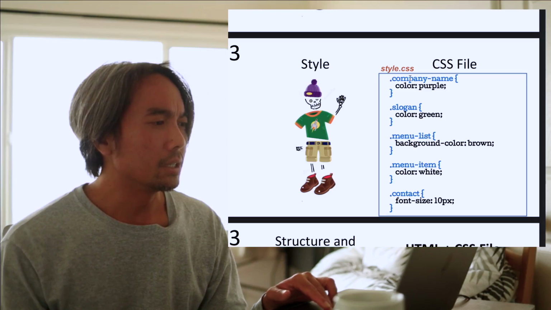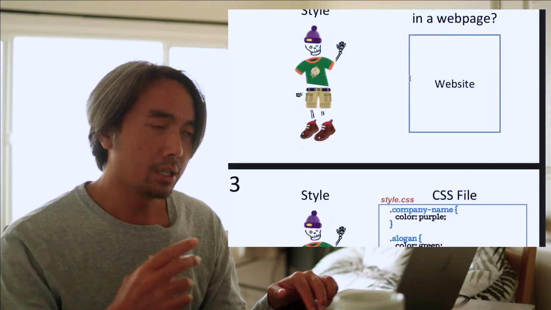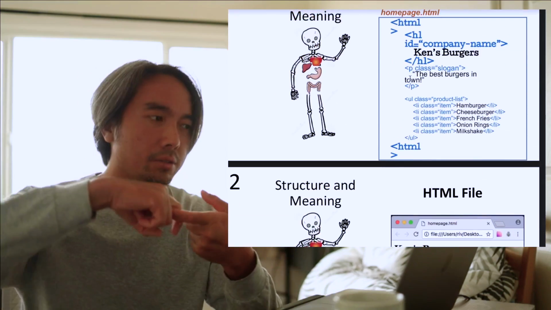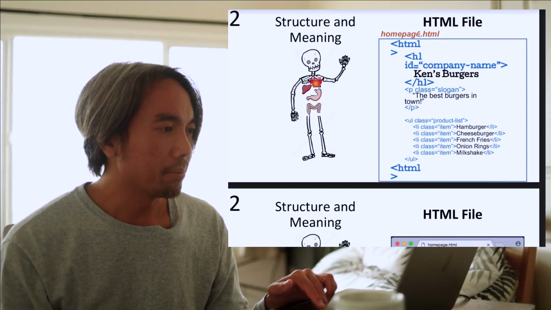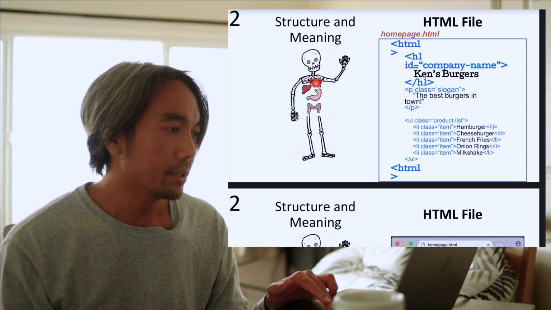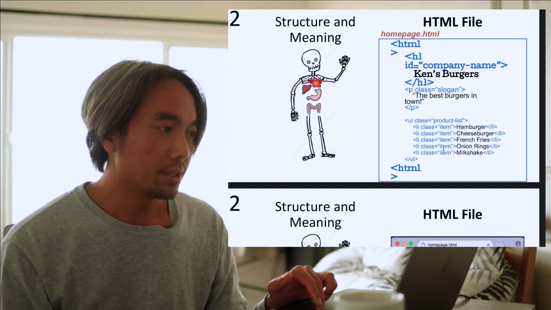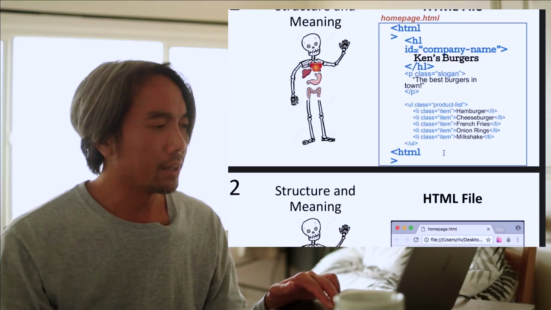So the CSS file can latch onto these HTML elements by these IDs that we provided and with these class names. More on that later.